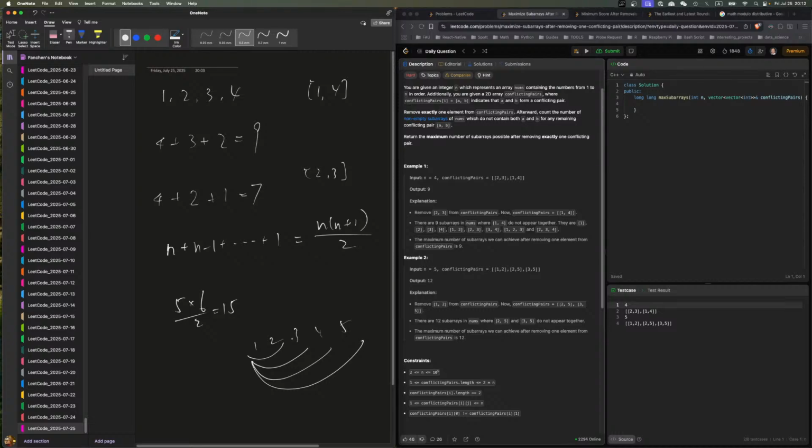Because, like I said, if you include 1, 2, you have a lot more that you need to remove. Actually, it's not a lot more because 2, 5 will be included in one of them.